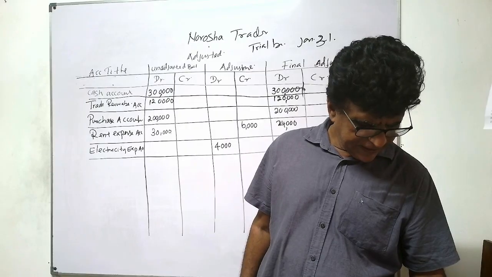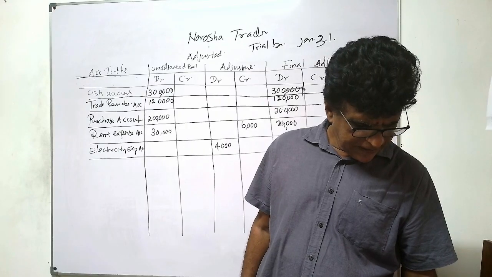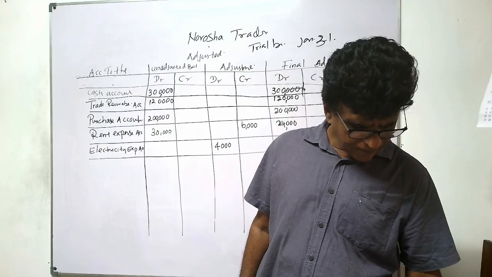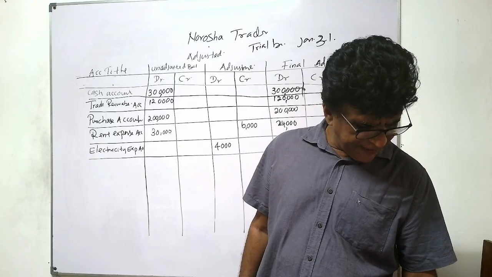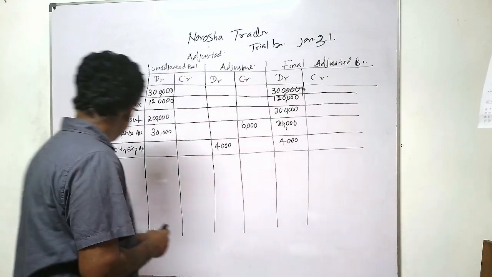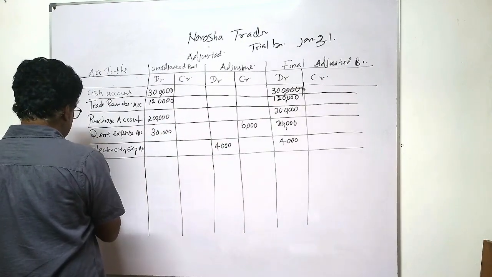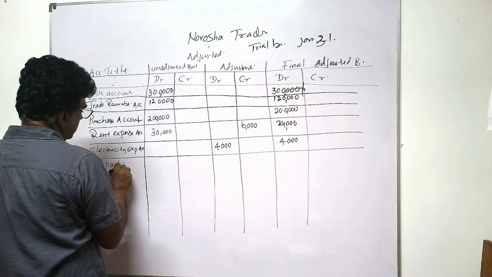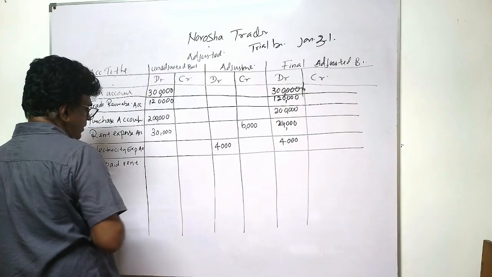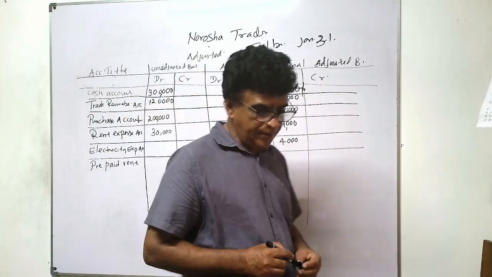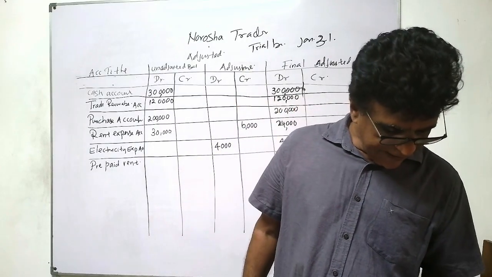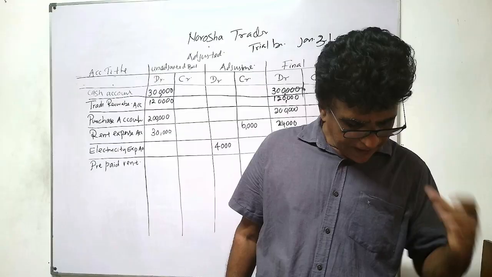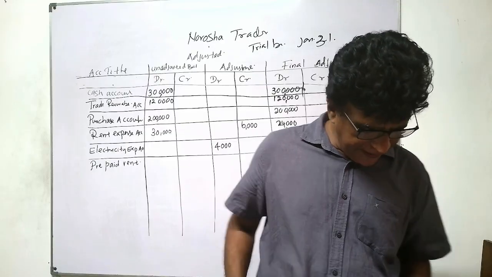Then again, the prepaid rent account. It says there is a 6,000 prepaid.